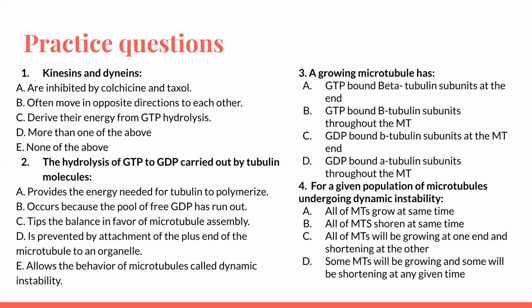I think it's D. It's D. Yep, D's. That's correct. So at any given time, some will be growing, some will be shortening. Remember, it's a dynamic process, so not all of them will be happening at the same time.